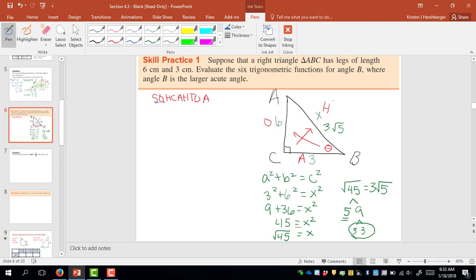So sine is opposite over hypotenuse. And our opposite was 6 over the hypotenuse was 3 square root of 5. But then I have a square root in the denominator, so I need to rationalize that. And I can do that by multiplying by square root of 5 over square root of 5.